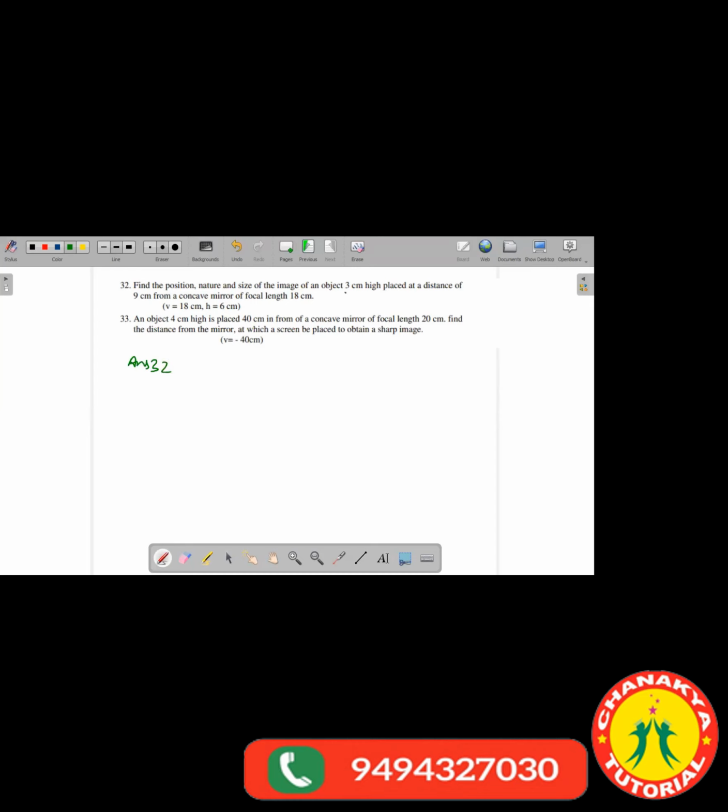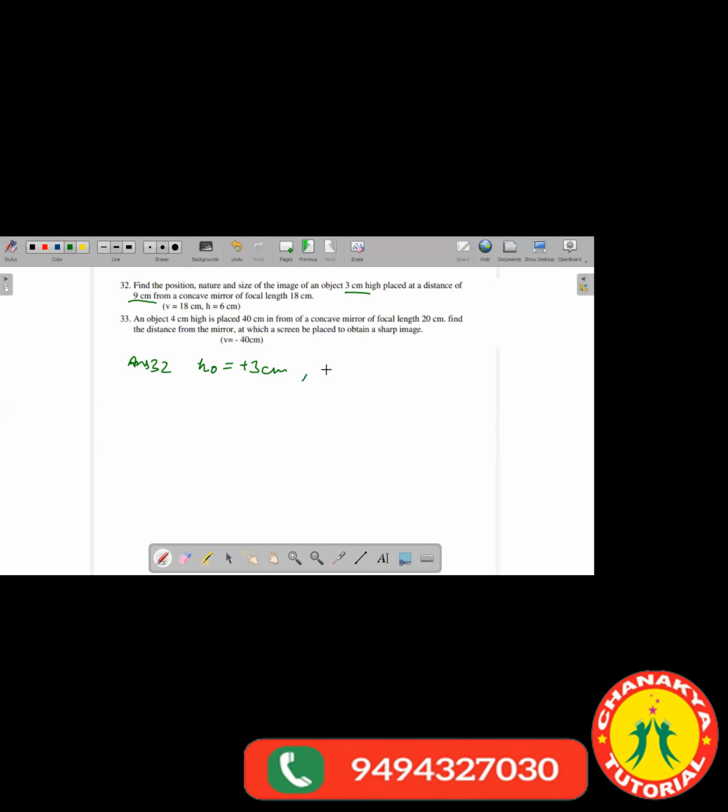First of all, we have this 3 centimeter. So what is this 3 centimeter? Height of object. Yes. So we'll write with the symbol HO, height of object, as plus 3 centimeter. Then the next part is placed at a distance of 9 centimeter from a concave mirror.